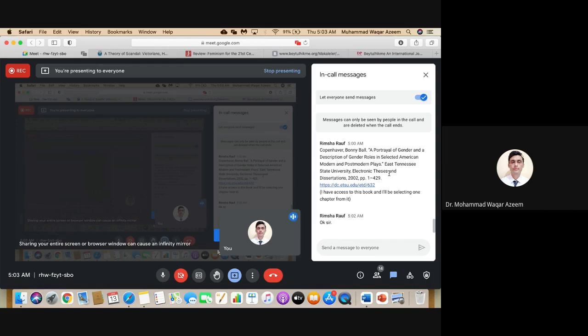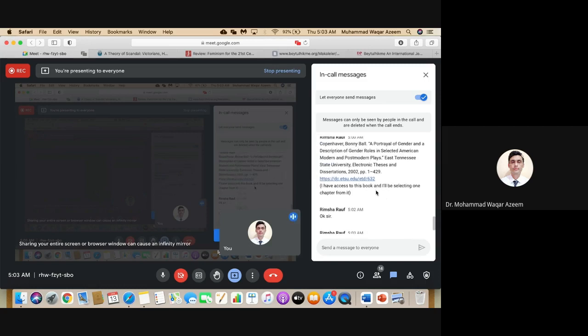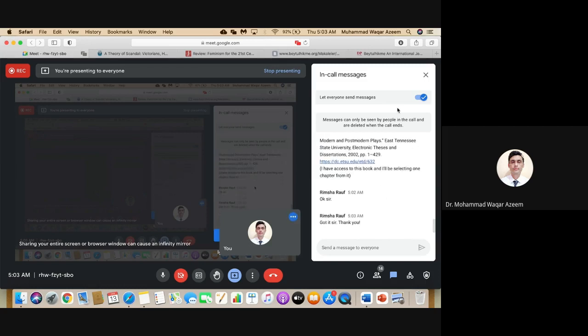So it's not that you cannot use it, you can, but if you have a published work, prefer that. But if you really feel that this work is really relevant and you do not find a sufficient number of published works, then you can use this one too. So keep it as the last preference, the thesis, the dissertation.